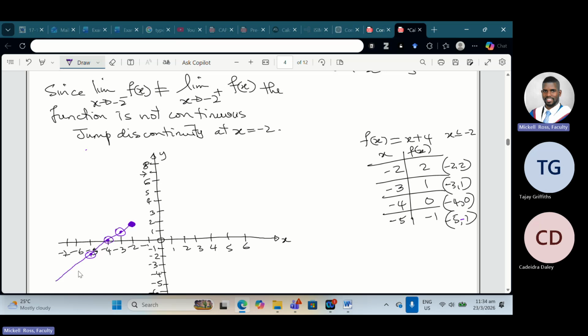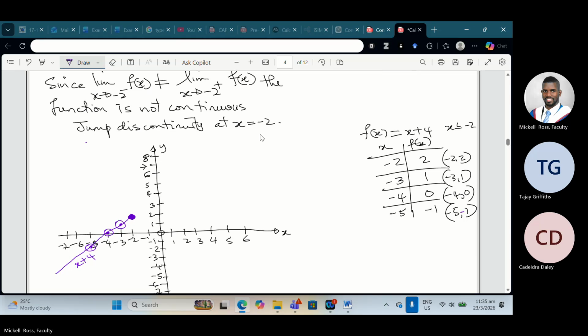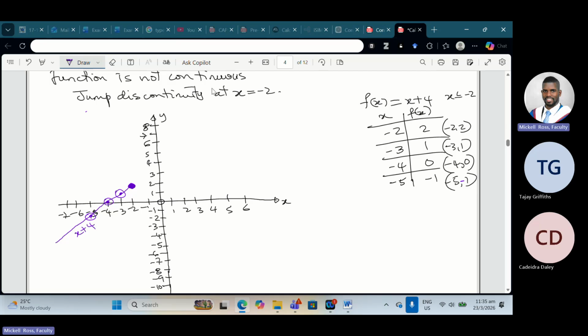So this part of the graph is for x plus 4. And then now you have the next graph, with x and f of x.